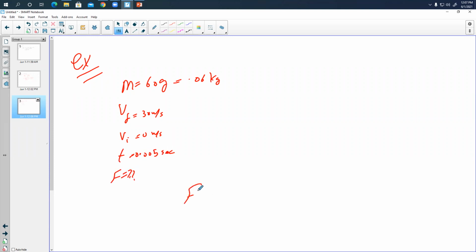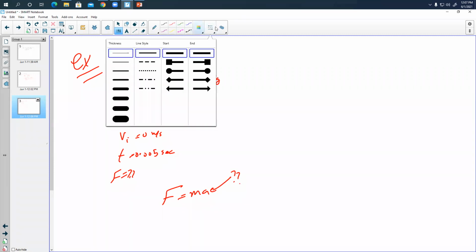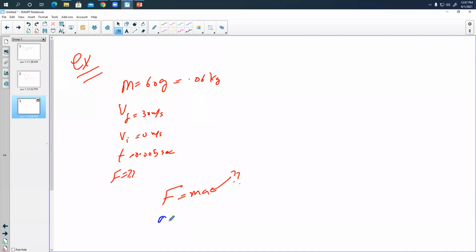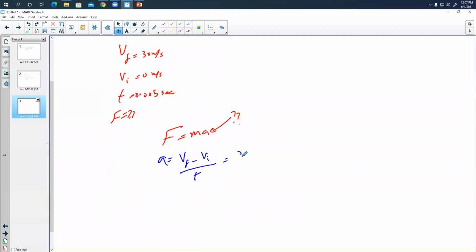Now your force equals your mass times acceleration, but we don't have the acceleration. So using the acceleration equation, which is your difference in velocities divided by your time, that's your 30 minus your 0 divided by 0.005. So you get 30 divided by 0.005, which equals 6,000 meters per second squared.